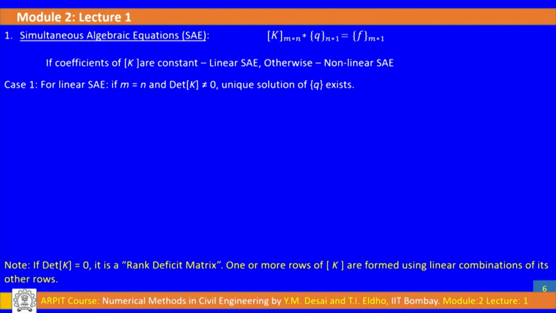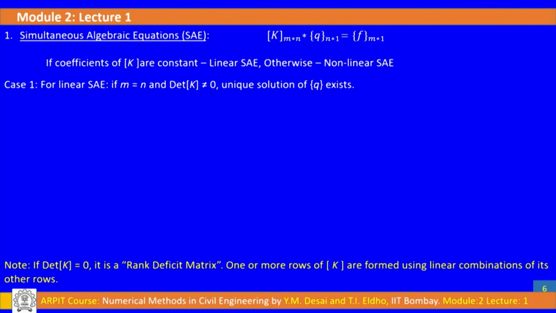So, we have simultaneous equations of the form matrix K, and with a specific purpose in mind, I am talking about a rectangular matrix with m rows and n columns, times the vector of unknowns, that is Q, equal to the right hand side quantities which are known to us, F.